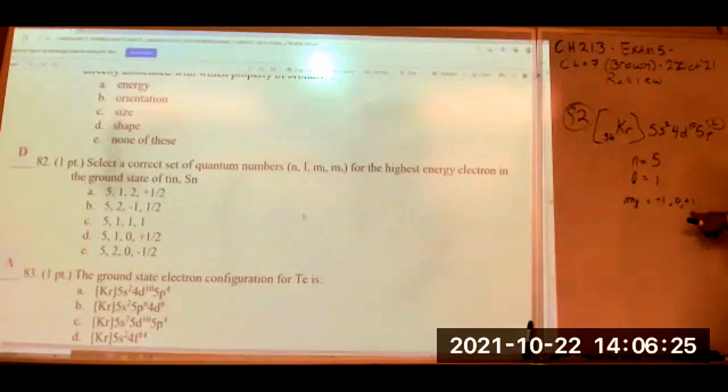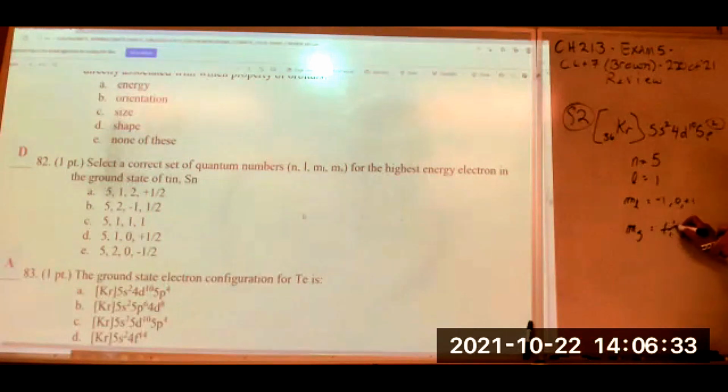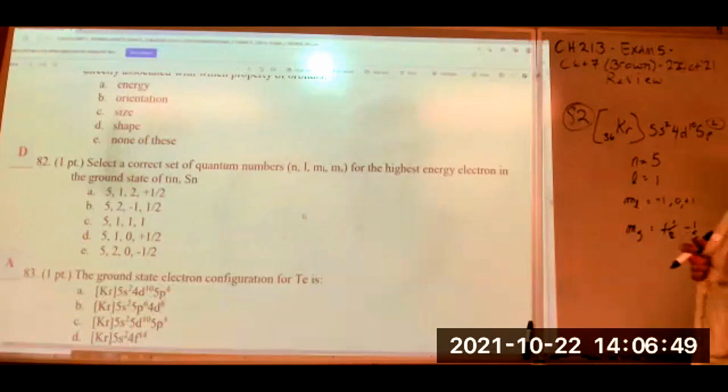Yeah, that's possible. But how about the M sub S? Right, it has to be +1/2 or -1/2. So that can't be. So that's 5, 1, 0. Yeah, that's possible. And +1/2. That's it. D has to be it. That's the only one that is legitimate.